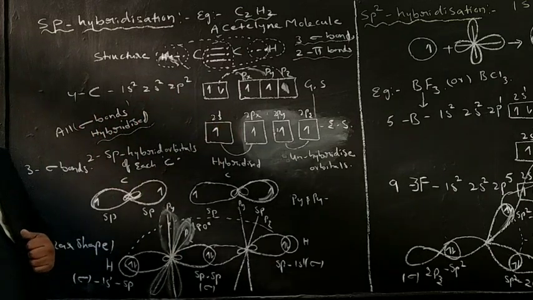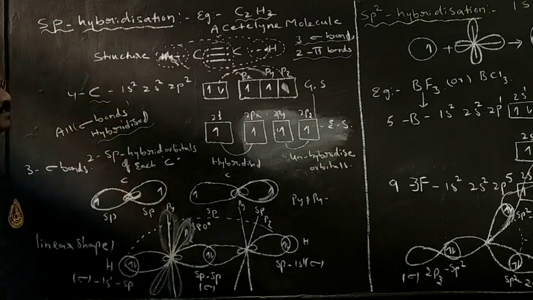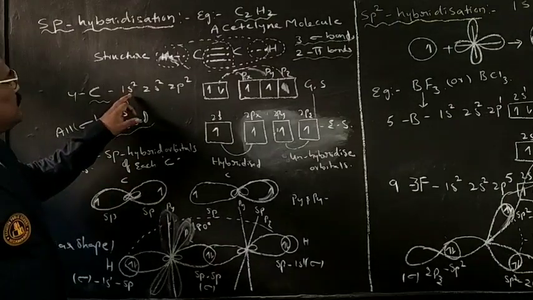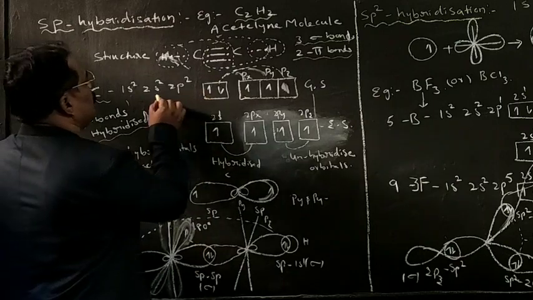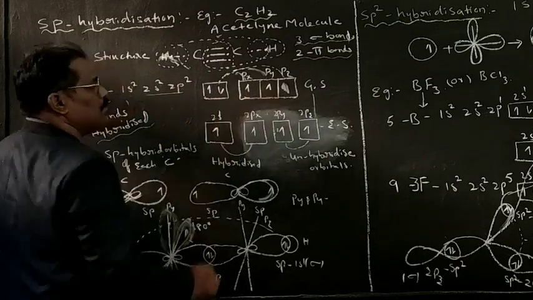So how will it take place if I take a carbon element whose atomic number is 6? Electronic configuration is 1s2, 2s2, 2p2. In the ground state, the last shell has 4 electrons, 1, 2, 3, 4.